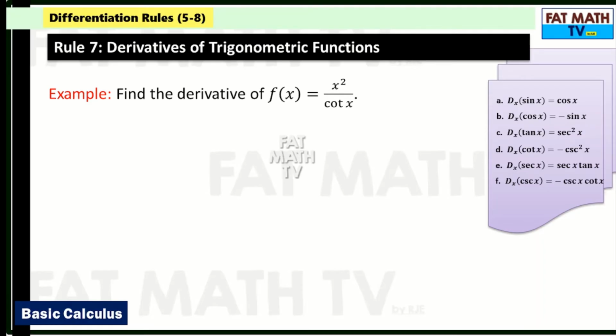Okay, another example. Here, find the derivative of f of x equals x squared over cotangent x. As you can see here, this is a quotient, so we need to apply the quotient rule.